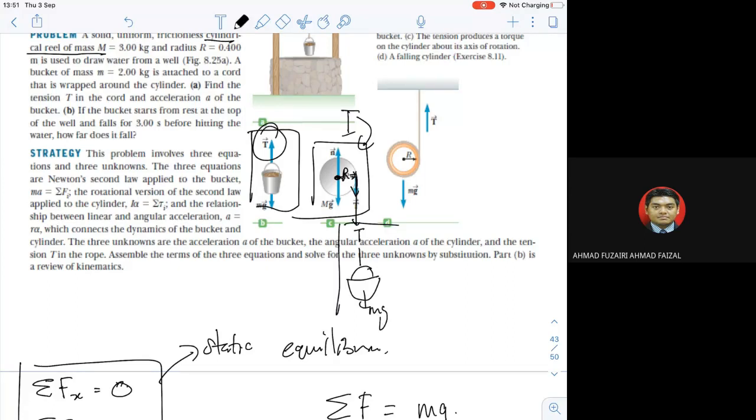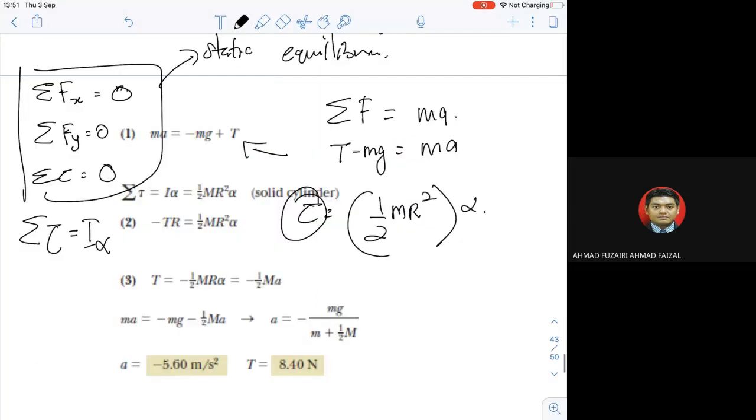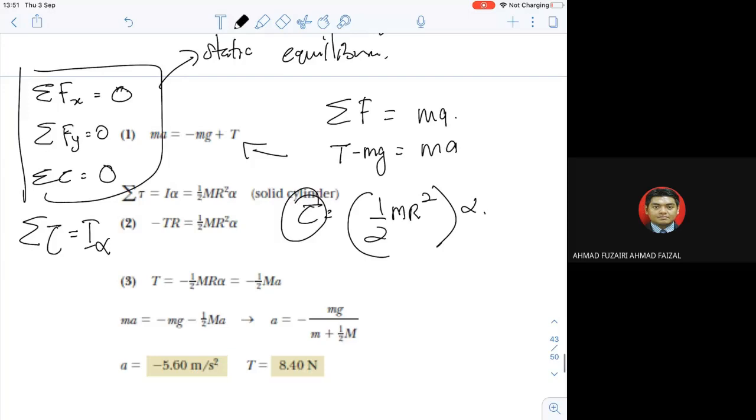So there are two systems, this system and also the pulley on top. On top, the rope's T is going downwards, and when the rope is going downwards, we try to rotate it, and we see it goes clockwise. Clockwise gives you negative. That's why here we have negative TR, negative TR equals half mr square alpha.